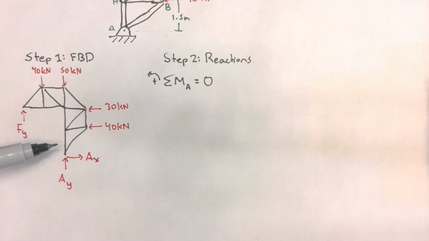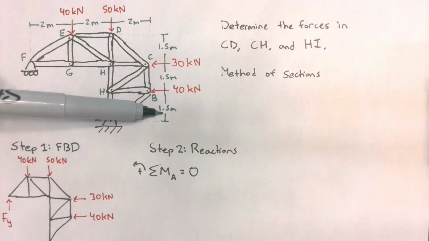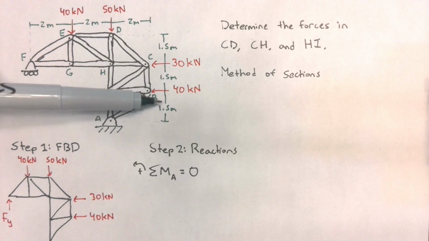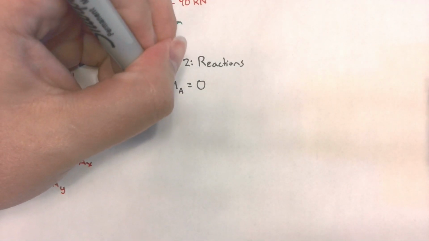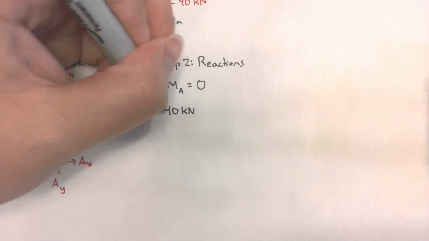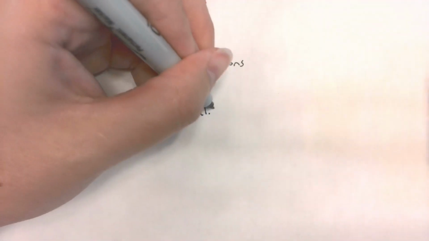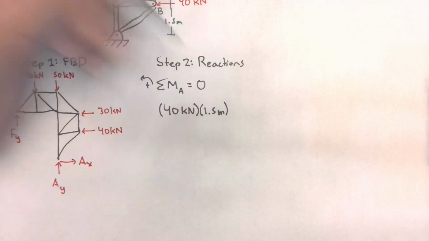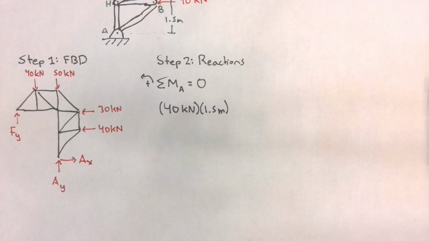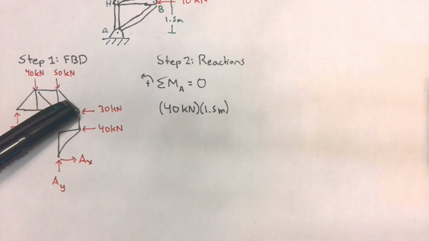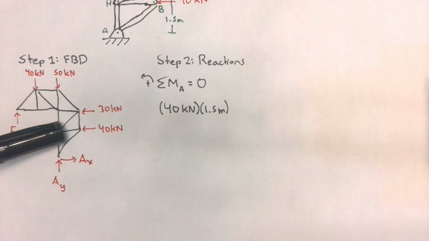From point A, I have this 40 kilonewton force, which we know is acting at a perpendicular distance of 1.5 meters from your hinge. So I have 40 kilonewtons times 1.5 meters, and it's causing a counterclockwise rotation, so I'm going to say that it is positive. I have a 30 kilonewton force that's acting at 1.5 plus 1.5, that's 3 meters from the hinge.